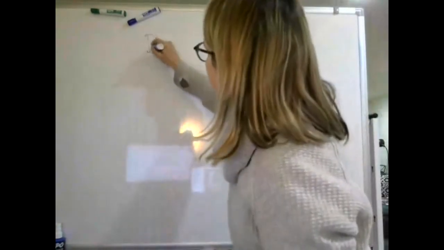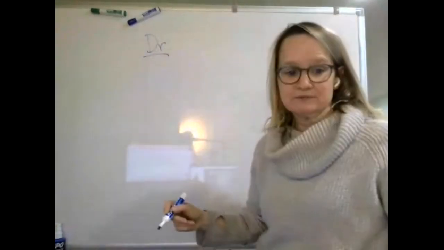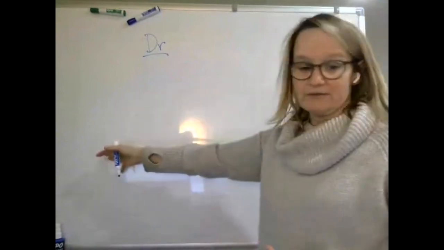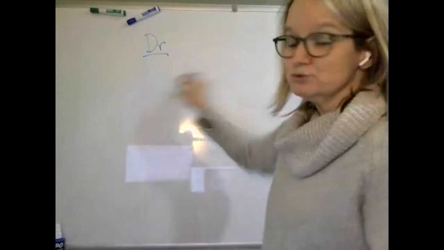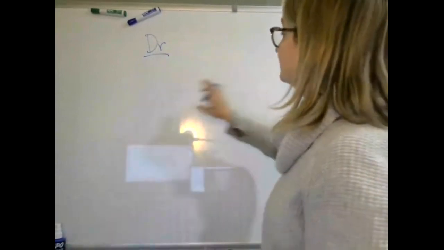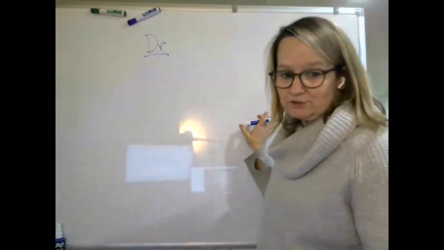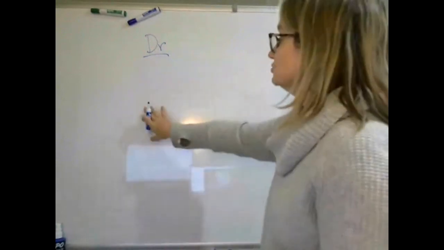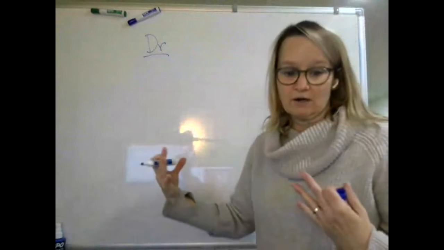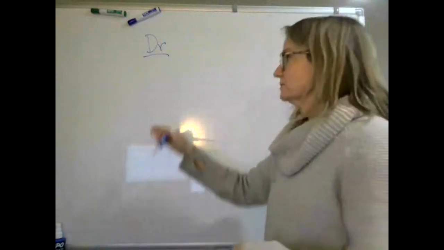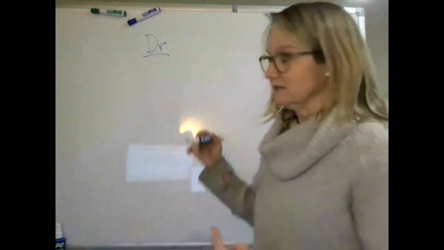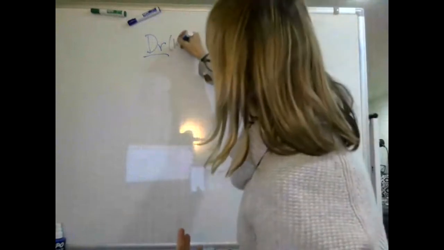So we've got our debits, and debit just simply means left, right? It just simply means it's on the left-hand side, because our journal entries have two sides. There's always going to be two sides to every journal entry. And these journal entries have to balance. So just like our accounting equation has to balance, our journal entries have to balance. So debit just simply means left.